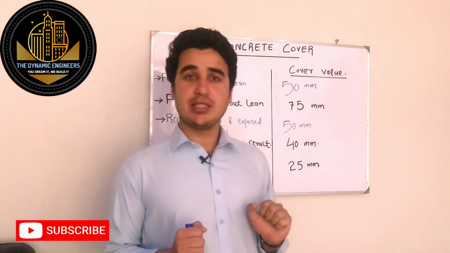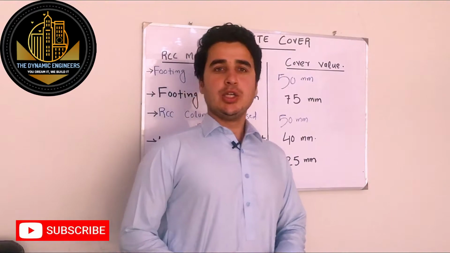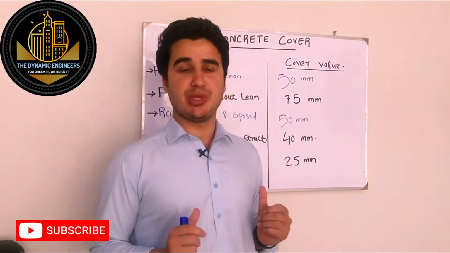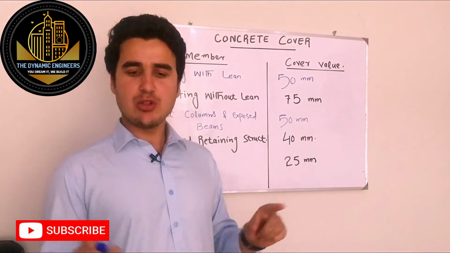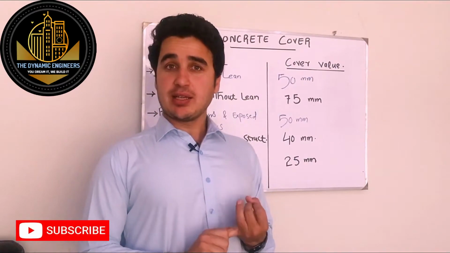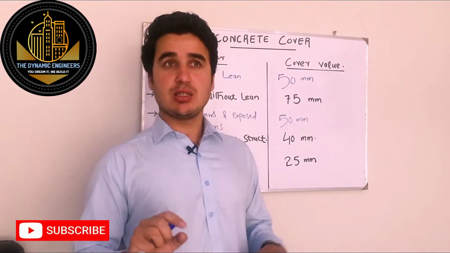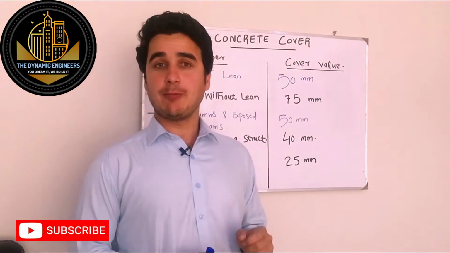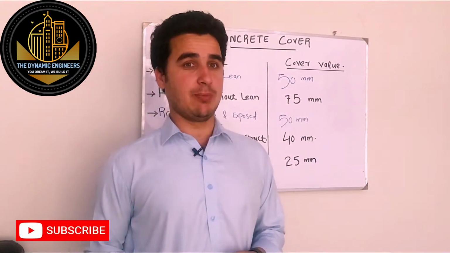RCC column and exposed beams. Let me talk about the exposed beam. What does exposed mean? Exposed beams are all those beams which are exposed to chemical attacks and weather conditions. If we talk about the outer beams of a building, that is actually an exposed beam.